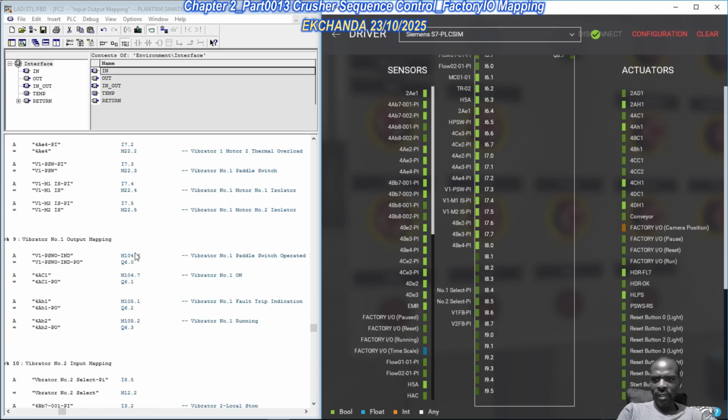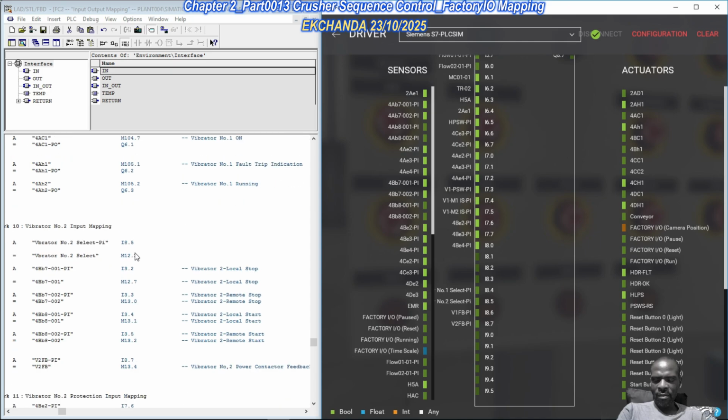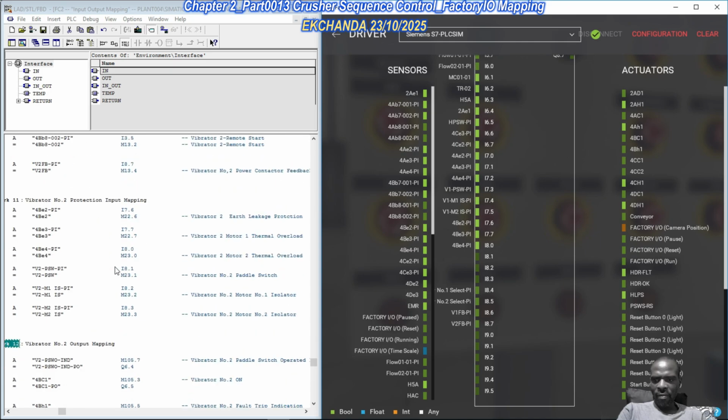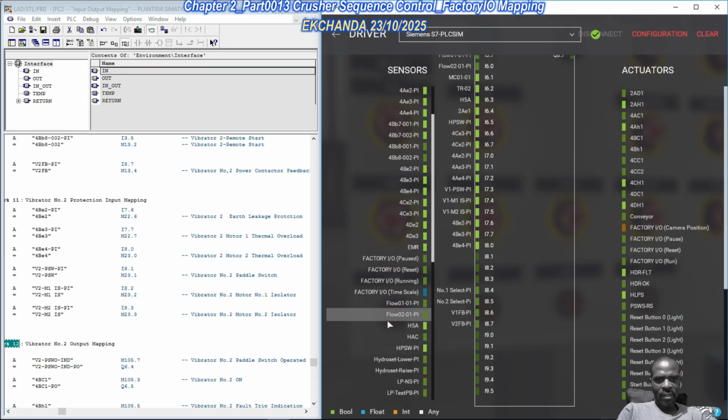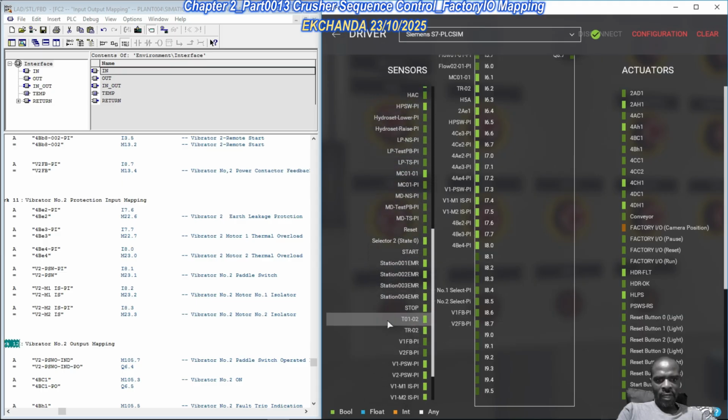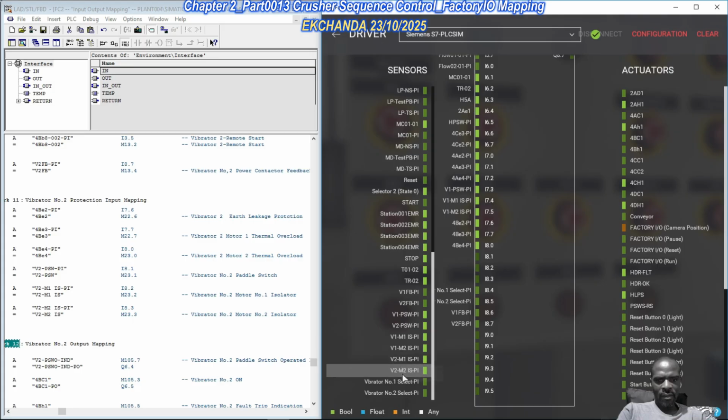So the only thing we need now is, okay, 4BE4 has input 8.0. Then vibrator 2 powder switch is mapped to 8.1. Vibrator 2 PSW is mapped to input 8.1, which is this one here.